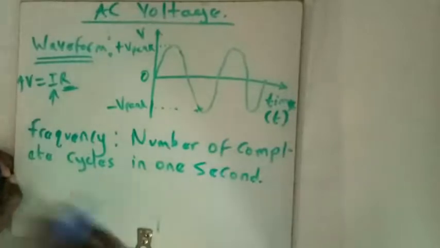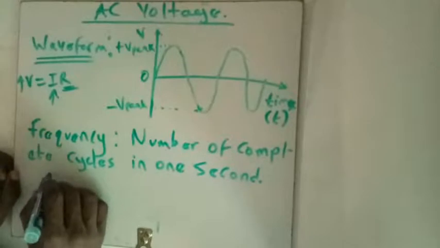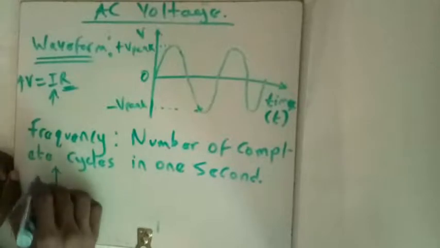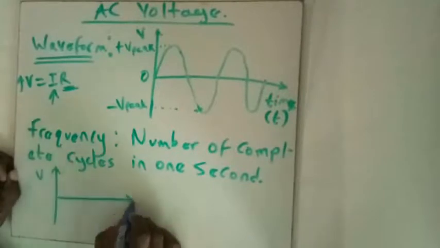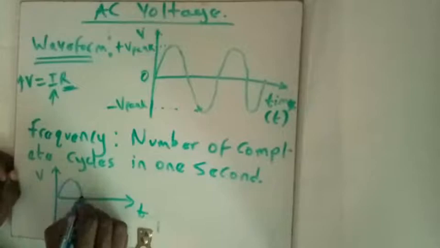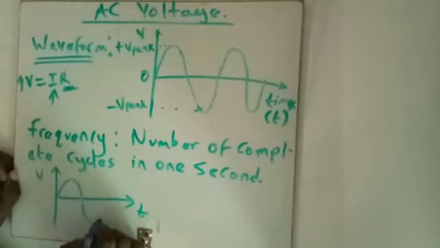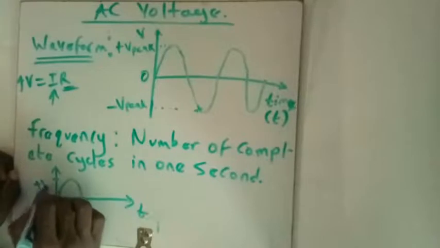Now, what is a complete cycle? If I want to draw a complete cycle of an AC voltage, as usual, on the vertical axis I have my voltage, on the horizontal axis I have my time. If I start here, get to V peak, 0, back to negative V peak. This is positive V peak.